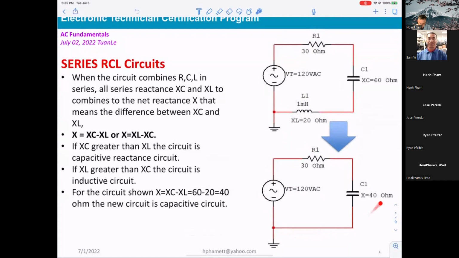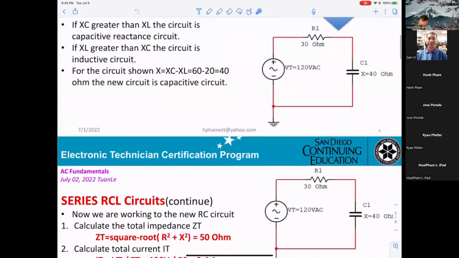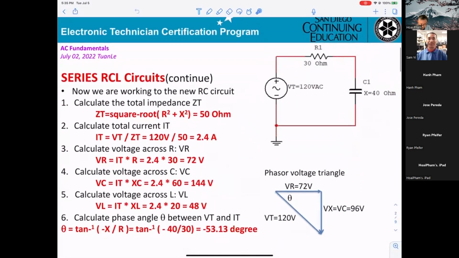That's what you see. That's the new circuit. Okay? Now we're looking for the new RC circuit.